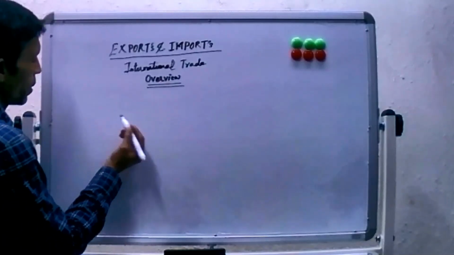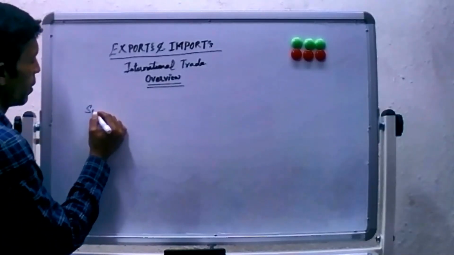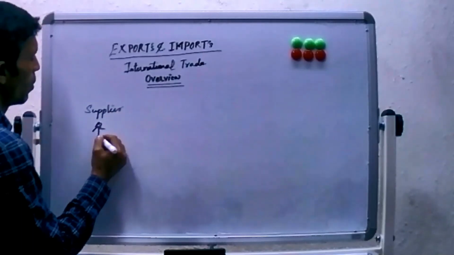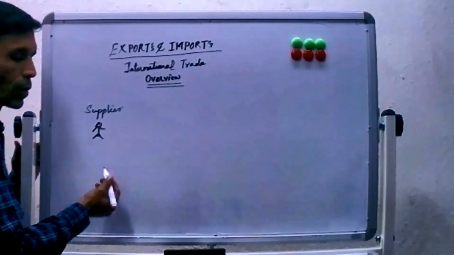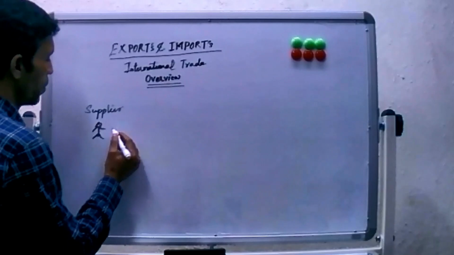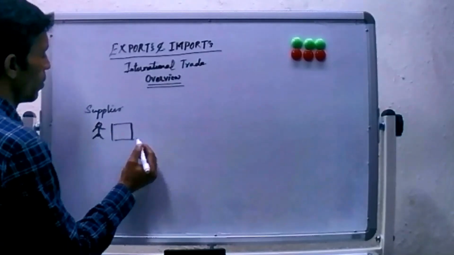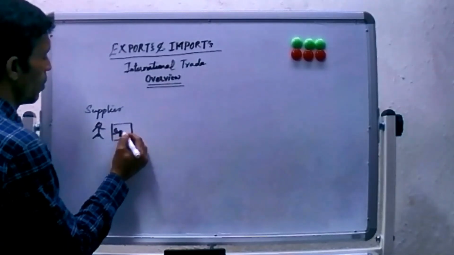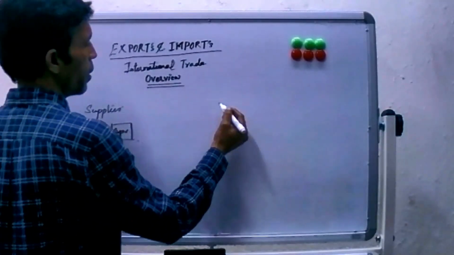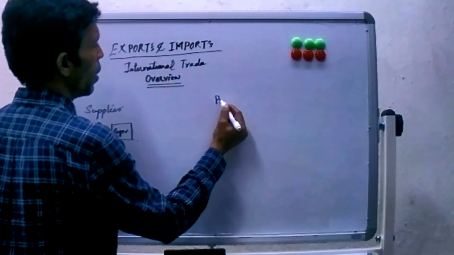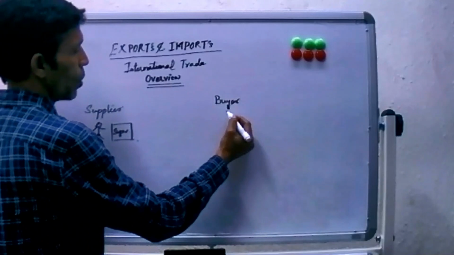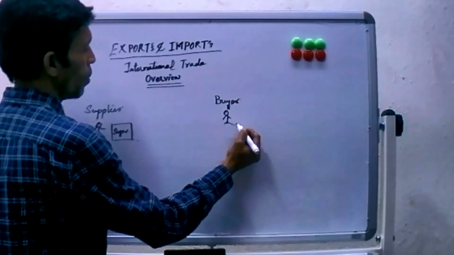Basically, there is a supplier, and he has this commodity. Let us say he has sugar, and there is another end buyer, and he is looking for sugar.